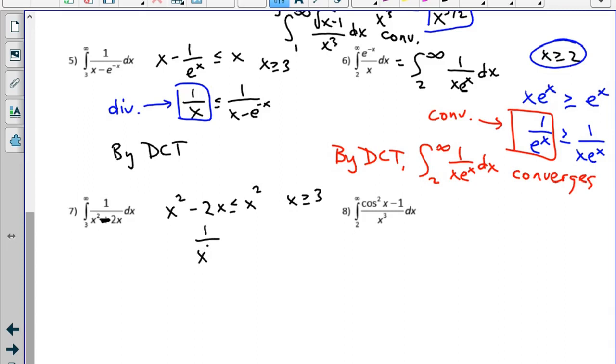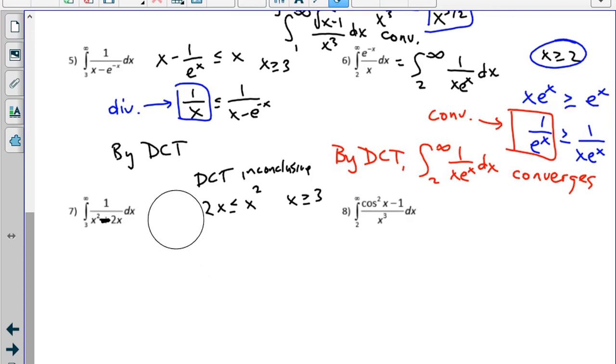So then we have 1 over x squared is less than or equal to 1 over x squared minus 2x. This guy right here converges by the p-test. However, if it converges and it's smaller than something else, that actually doesn't tell us anything. So the direct comparison test is inconclusive in this case.